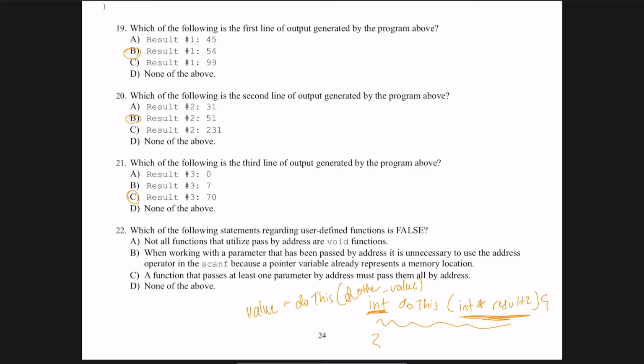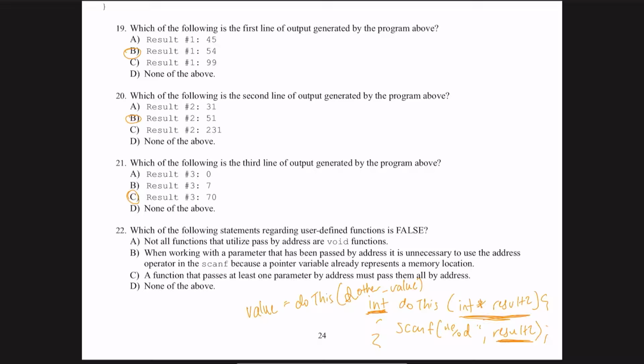So we put the ampersand in front of other value. Now, if we had a scanf in this function, we could just use the name result2. Because remember, result2 right here is the same as ampersand other value. So there already is essentially an ampersand there. Therefore, B is true.